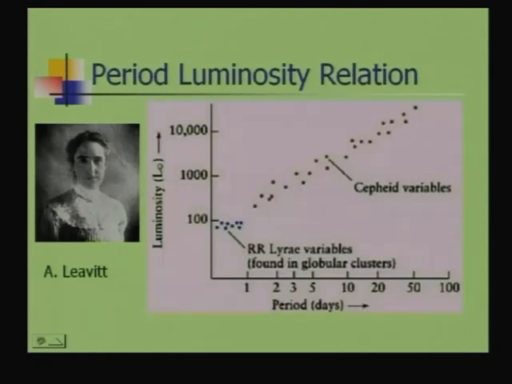This picture shows you the period luminosity relation for Cepheid variables. Cepheid variables are very bright stars, and the advantage of being very bright is that you can detect them in very distant galaxies. If they were faint stars, you would not be able to see them in distant galaxies, and it would not be very useful.